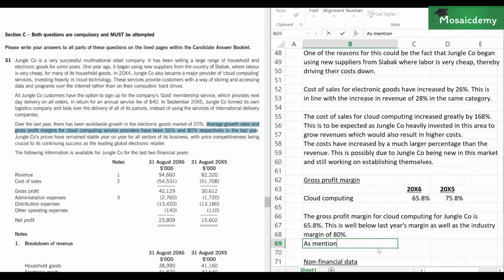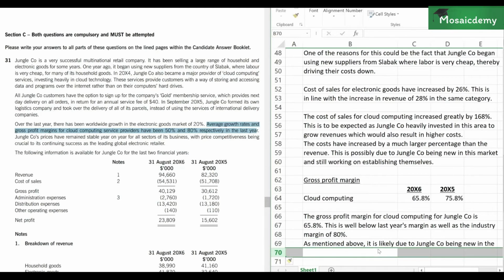As mentioned above, it is likely due to Jungle Co being new in the market and working on establishing themselves.